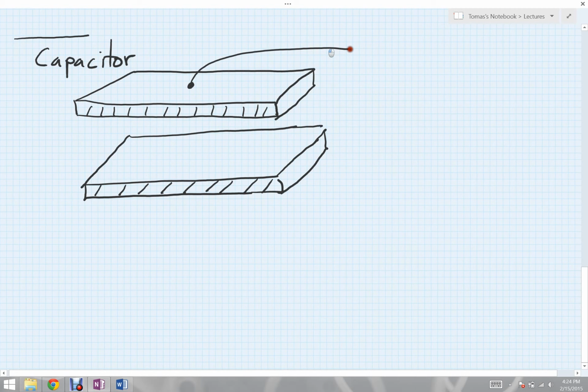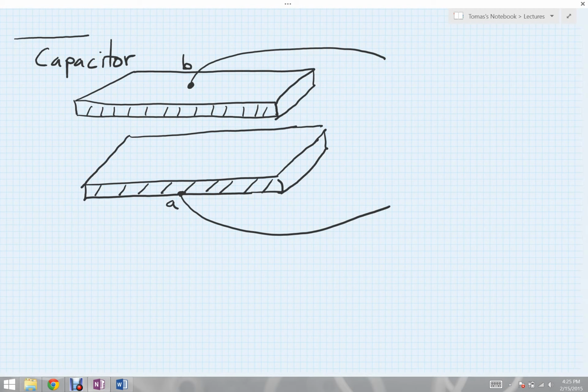So there's going to be some wire up here, and I'll call this junction point B. Down below, on the lower plate, I'll connect to the outside world from a point A. To define the specific geometry of any particular parallel plate capacitor, we're always concerned with the separation between the plates, D, and the area A of the plates. Both plates will have, of course, equal area.